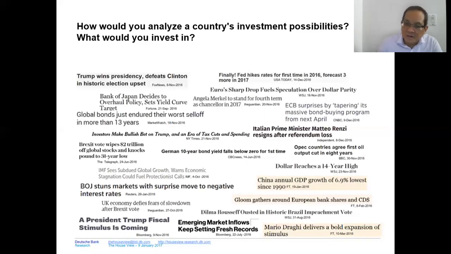For every article you read, look at the different asset classes. What is this article saying? Is it talking about stocks, bonds, currency? What kind of data is this article referring to?